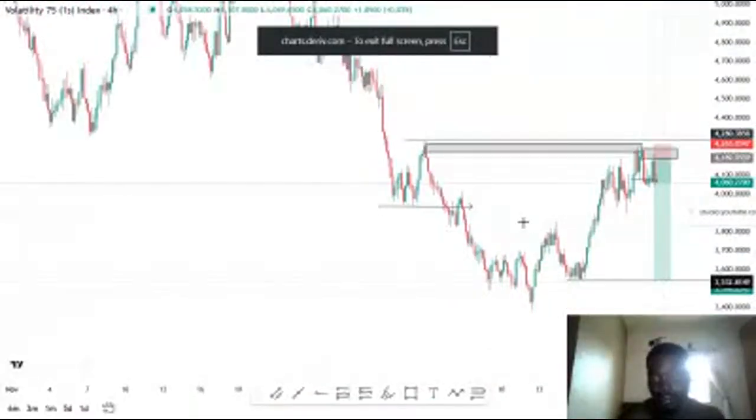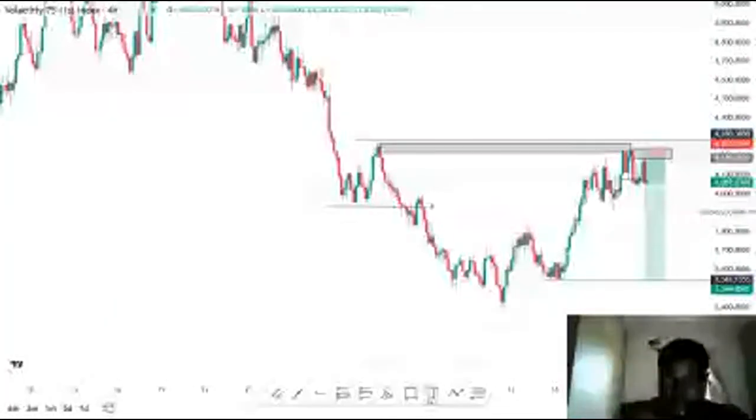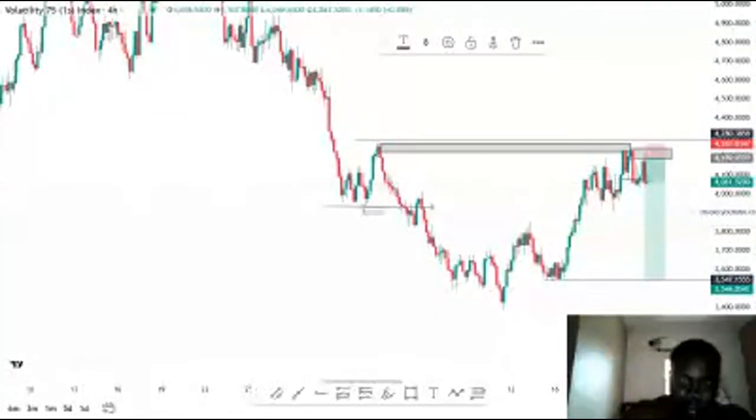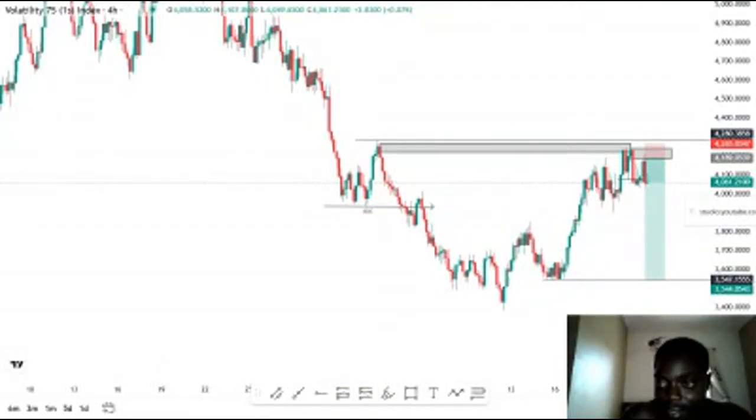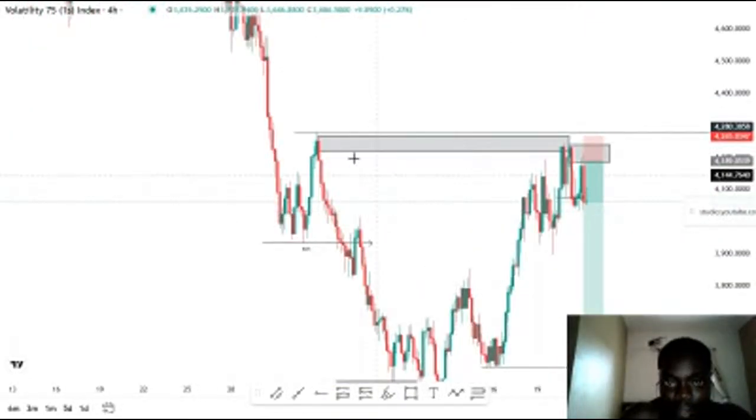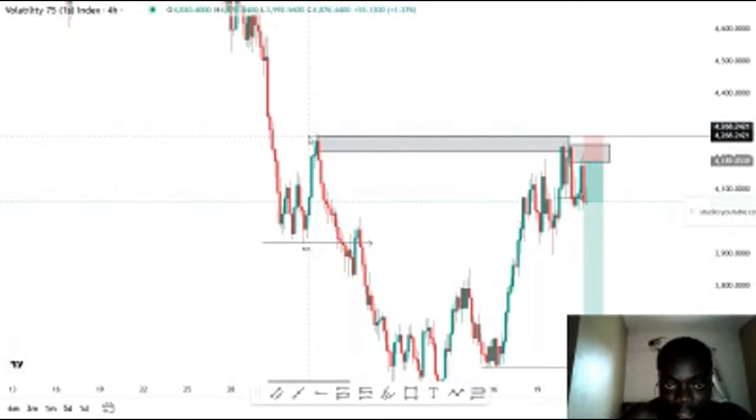You can see that our recent break on the 4 hour time frame is here. This is your break of structure. So this high here, as price has not taken it, you are still bearish. That high is your swing point.